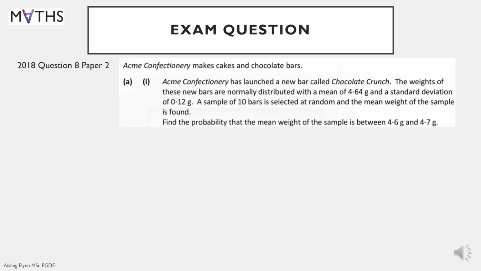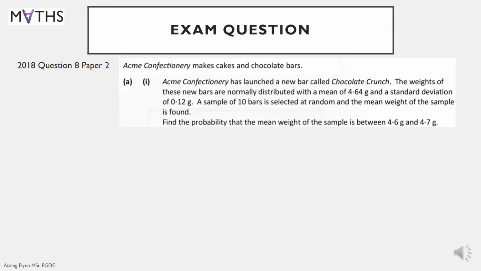Now here's an exam question that uses the central limit theorem. Let's read it. It's from 2018, question 8, paper 2. Acme Confectionery makes cakes and chocolate bars. The first part of the question was, Acme Confectionery has launched a new bar called Chocolate Crunch.